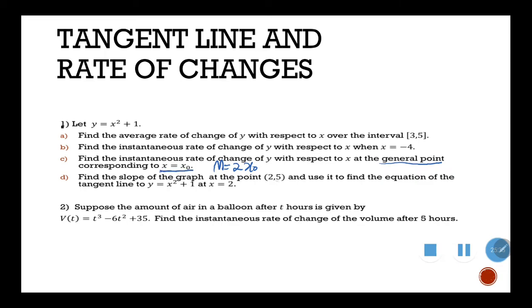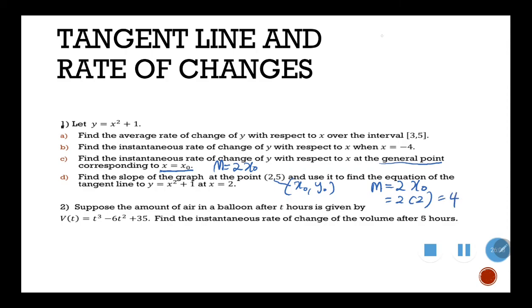So we can declare (2, 5) is a point on y equal to x squared plus 1, so it should be x0 and y0. To find the slope here is easy since we have calculated it already. So 2x0 is 2 times 2 is 4.